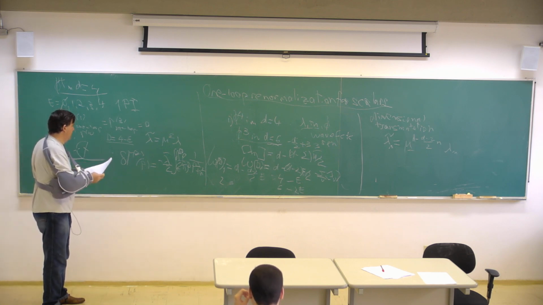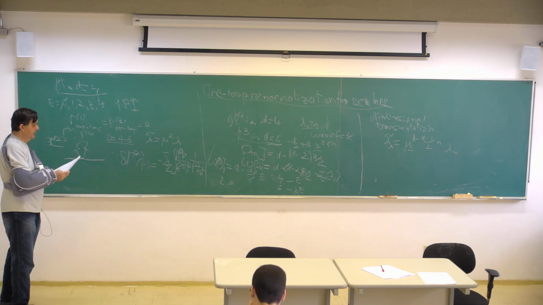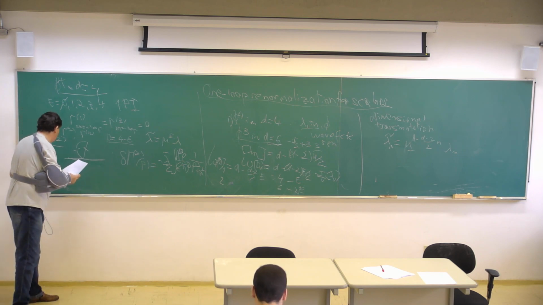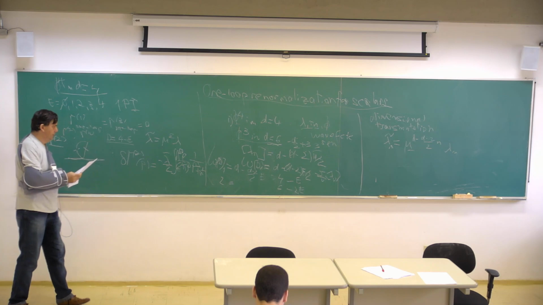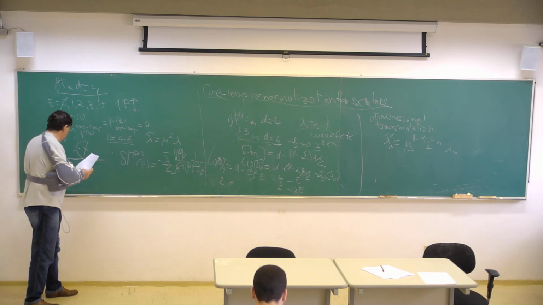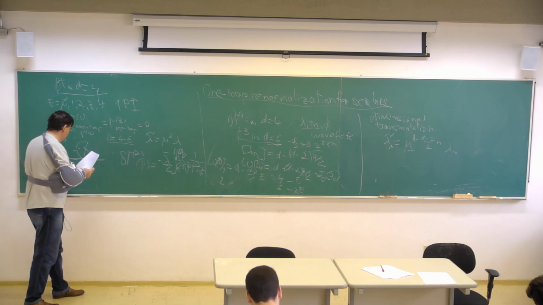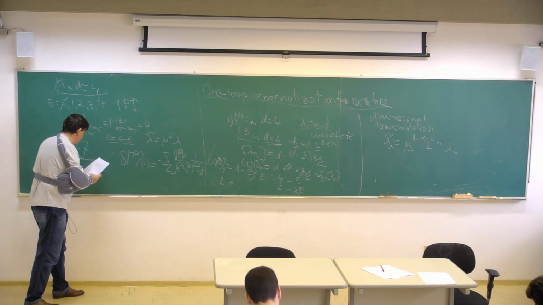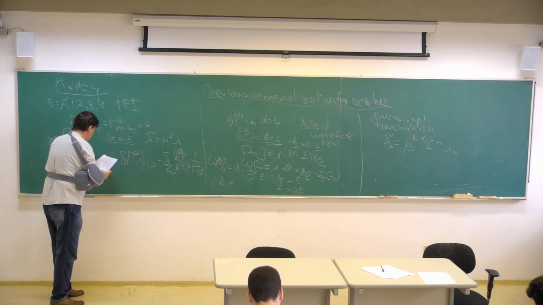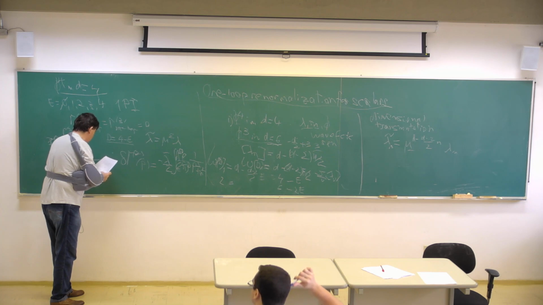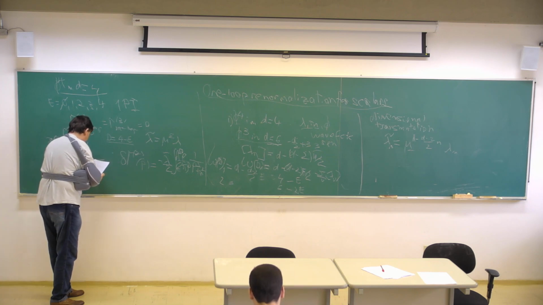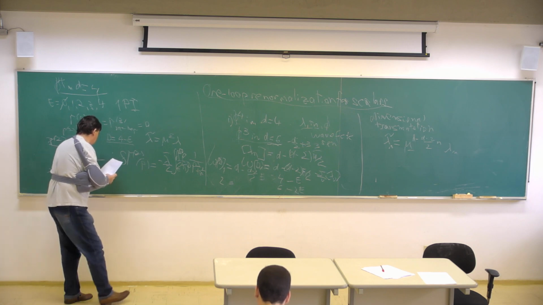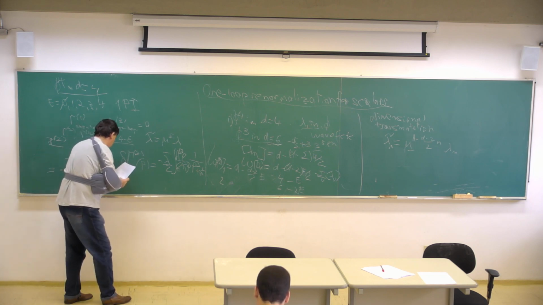All right, and we have found the result for this integral in the previous lecture, so we'll just copy it from last lecture. So this was minus m squared to the d over 2 minus 1 over 4 pi to the d over 2 times gamma of 1 minus d over 2.